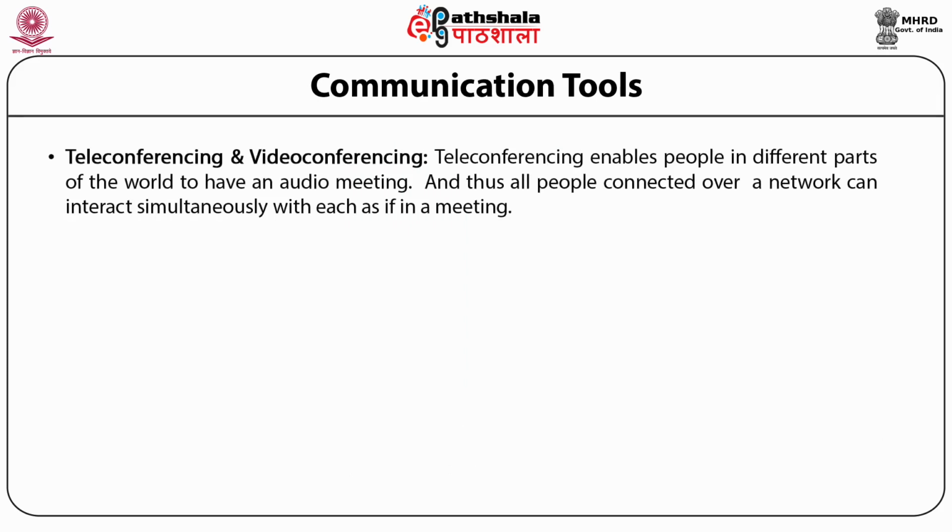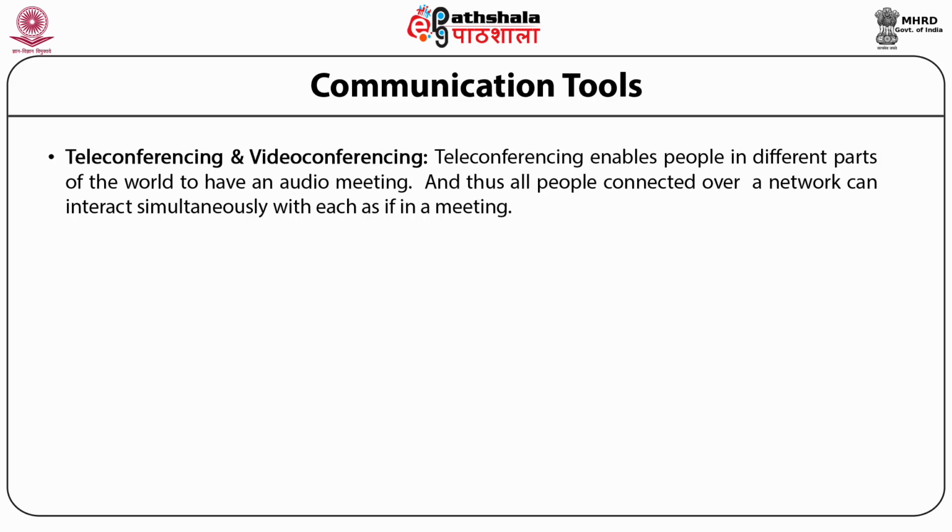Teleconferencing and video conferencing. Teleconferencing enables people in different parts of the world to have an audio meeting, and thus all people connected over a network can interact simultaneously with each other as if in a meeting. They need not be physically present at the same place. A person sitting in any part of the world can be a participant in such a conference.